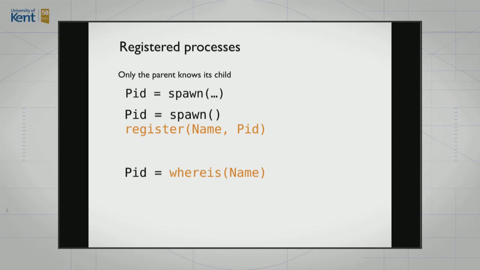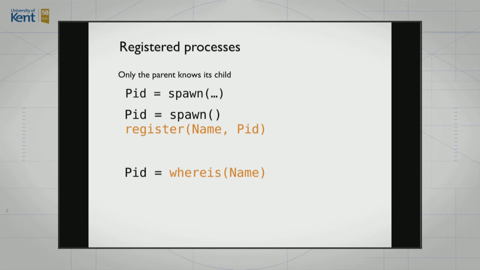And to do that, there's a global name registry that's built into Erlang, and it's accessed through 2 primitives. One called register, and the other called whereis. So we can say, okay, this process that we've created is going to have this name. So when the system starts, it will create a process that, for example, is called the file server, and it will register it with the name file server.